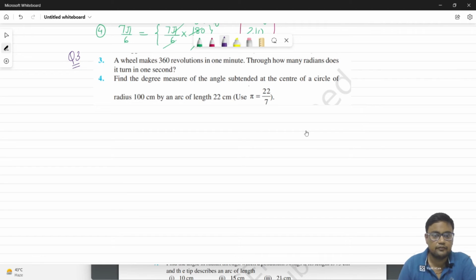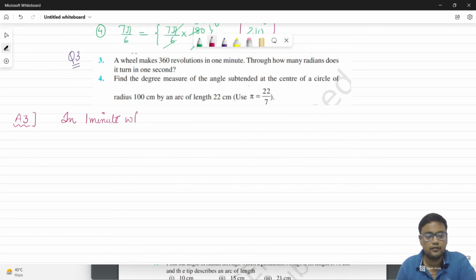Question answer number 3. Wheel makes 360 revolutions in 1 minute. So in 1 minute, the wheel goes around 360 times. Through how many radians does it turn in 1 second?